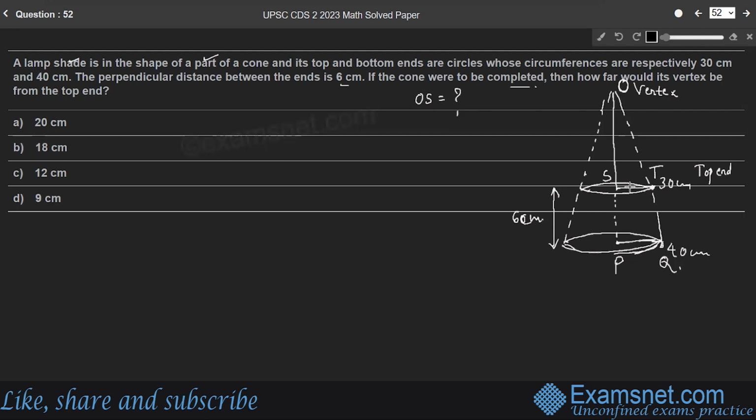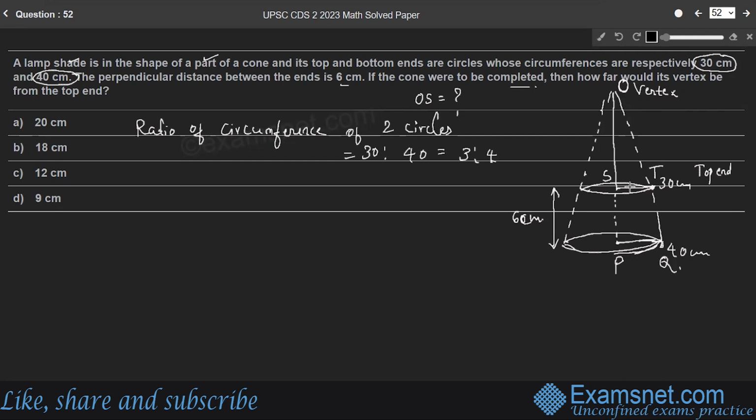Now the circumferences of the two circles are given. So here the circumferences are in the ratio 3:4. The ratio of circumference of two circles is 30:40, which is nothing but 3:4.